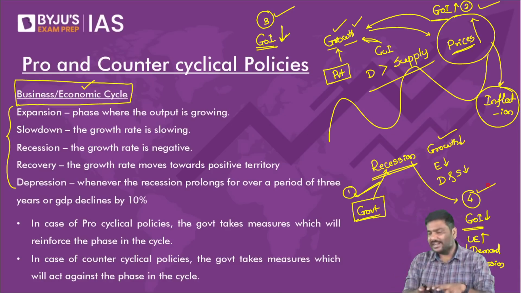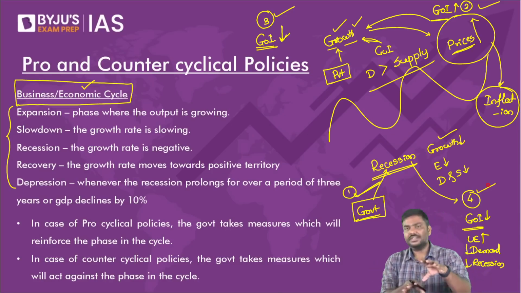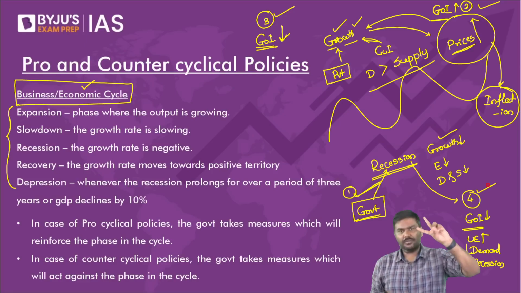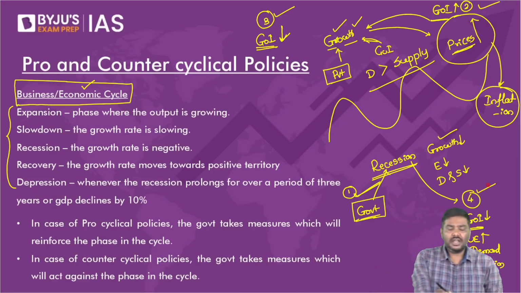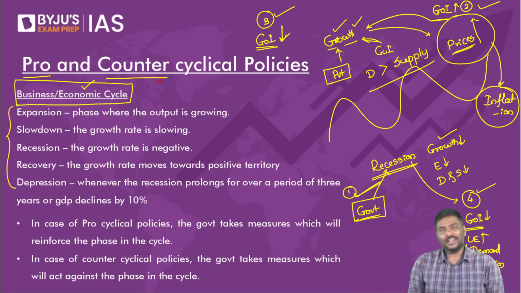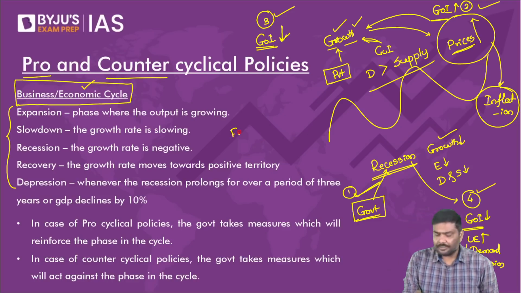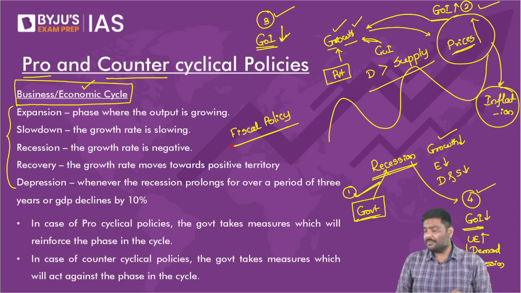Now, I'll take these four types of policies and classify them under two types. One is a pro-cyclical policy. The second one is a counter-cyclical policy. And whatever policy we are talking about here, they will use the term fiscal policy.